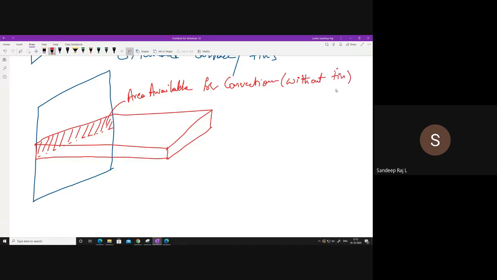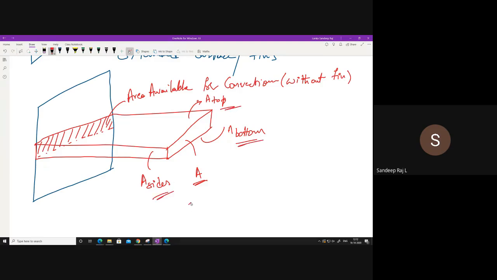Without fin, this is the area available. Now you look at what happened. The area available has increased. Area on the top, area on the bottom, and this area on the sides, and this area that was existing previously. So along with this area, you got a lot of area added to this.